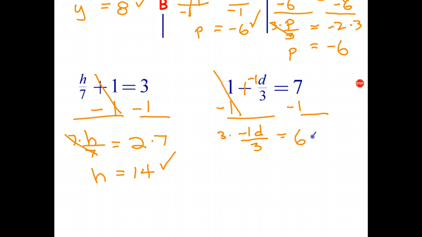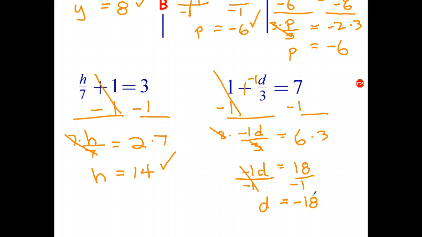Multiply both sides by 3, and they divide out, leaving negative 1d equals 18, and divide both sides by negative 1. And that leaves d is negative 18 divided by negative 1. So I think the correct answer is negative 18.